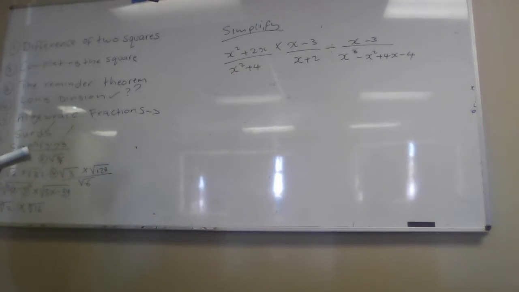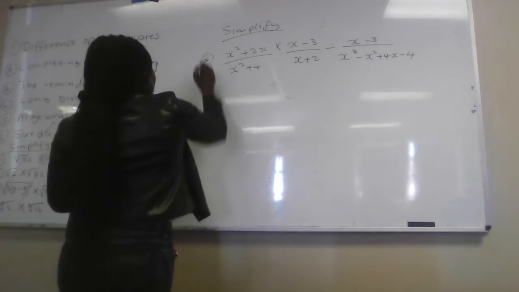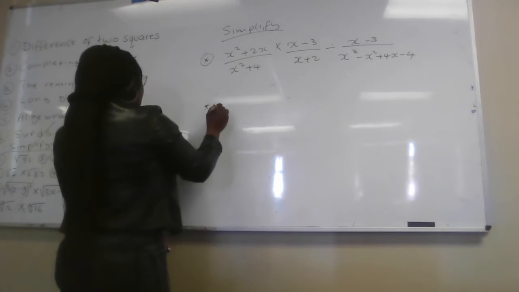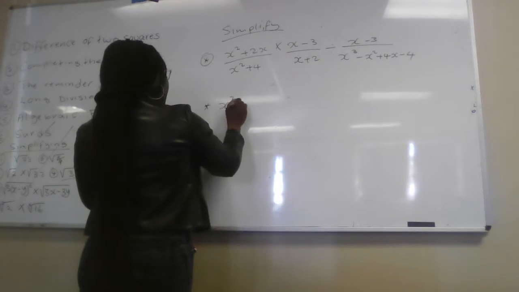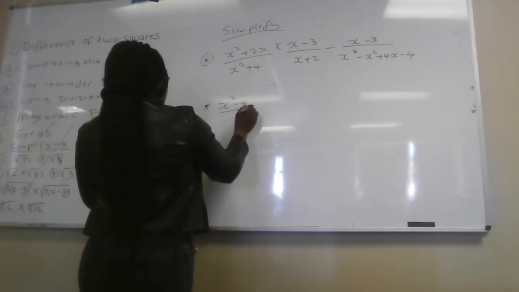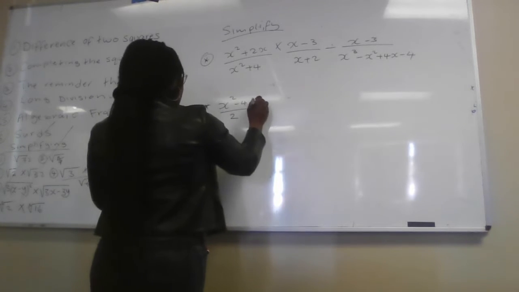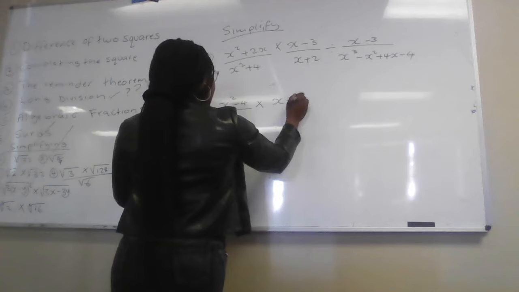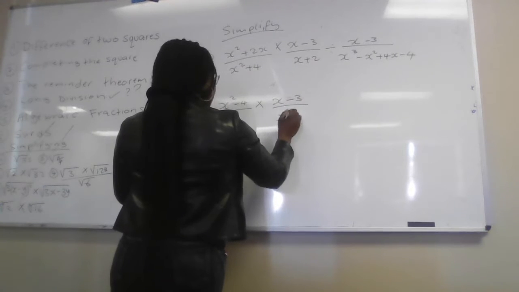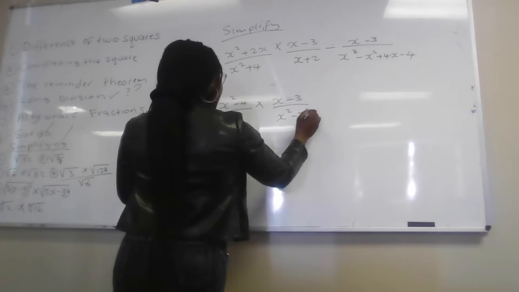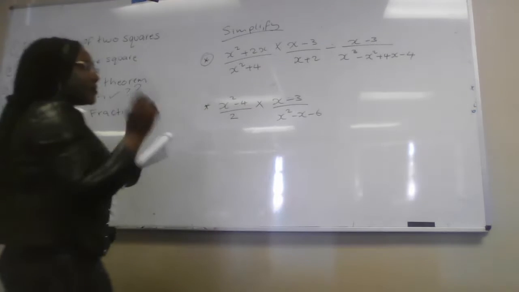I know we went through the long one, then another one that I can start with is x squared minus 4 divided by 2 times x minus 3, x squared minus x minus 6.